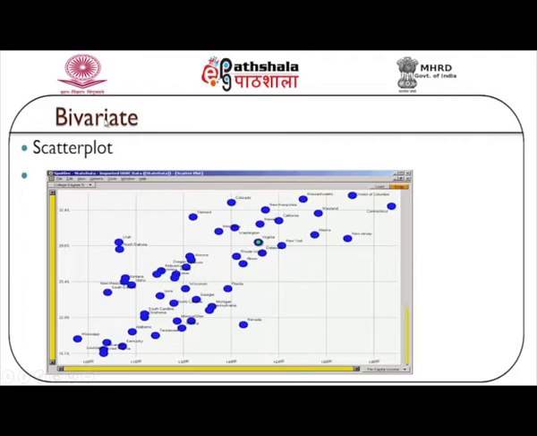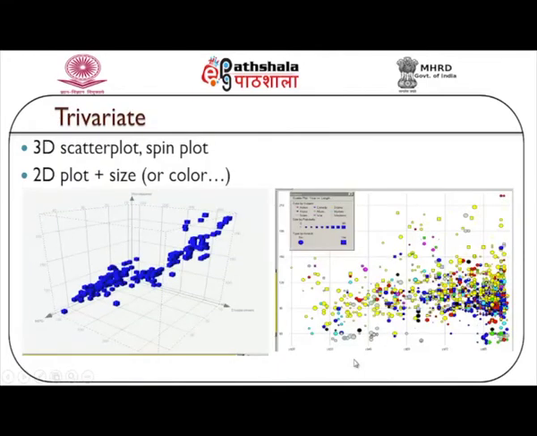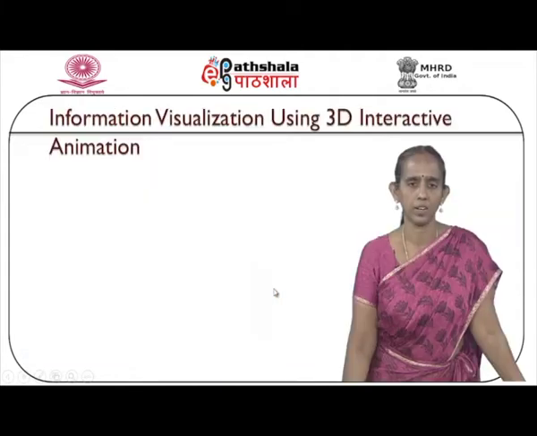Next comes the bivariate data type, which can be represented in the form of a scatter plot with respect to x and y axis. Then we have the trivariate data type. In the trivariate data type, we can either use a 3D scatter plot or a spin plot, or it can be a 2D plot plus any one attribute like size or color. So this is an example of a trivariate data type.